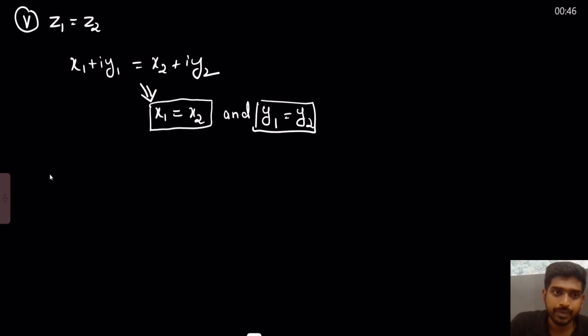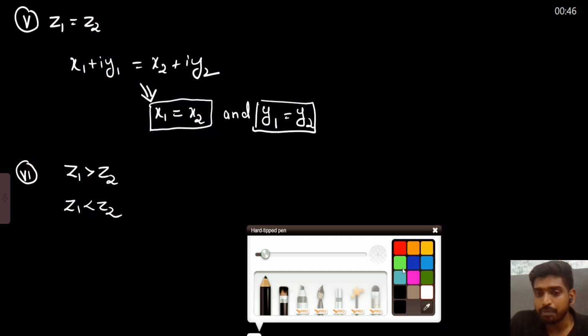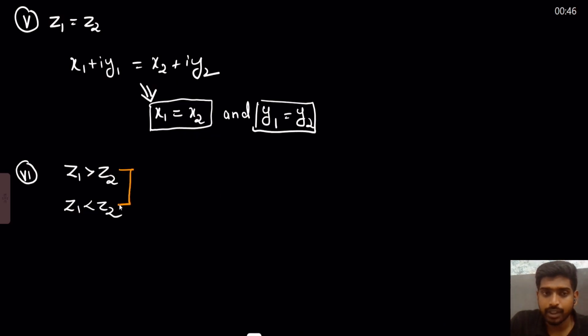Now next, the sixth point which we see is, suppose they say z1 is greater than z2. What is the meaning of z1 is greater than z2? What is the meaning of z1 is smaller than z2? See, in complex numbers there is no meaning of inequality.